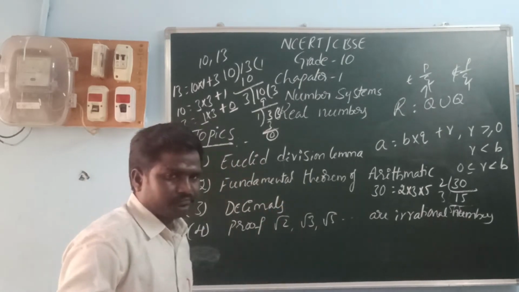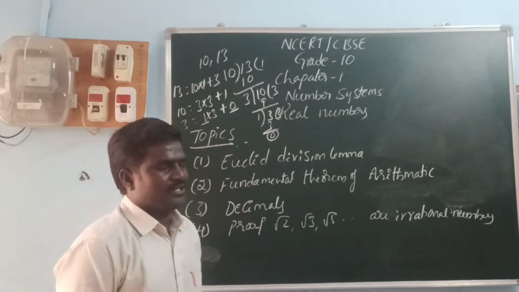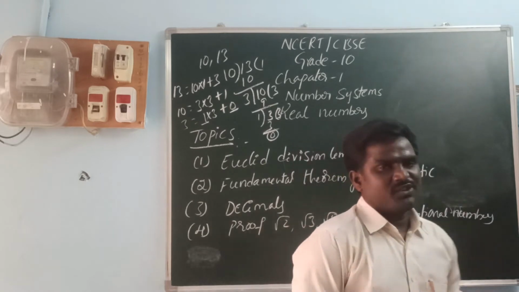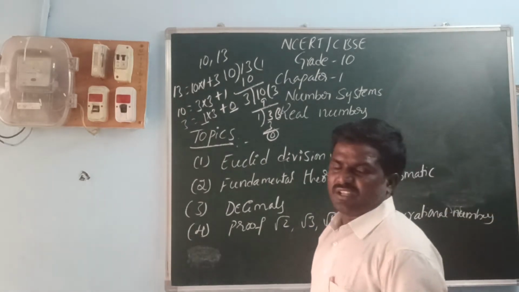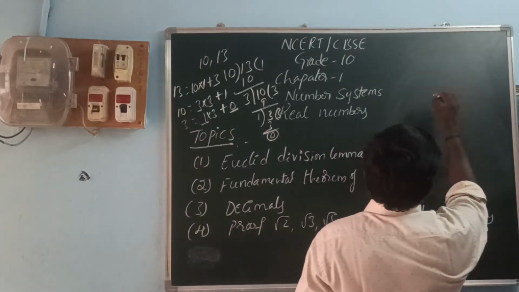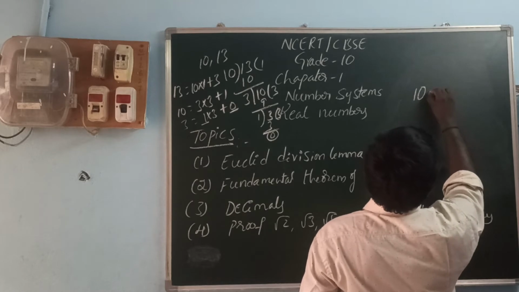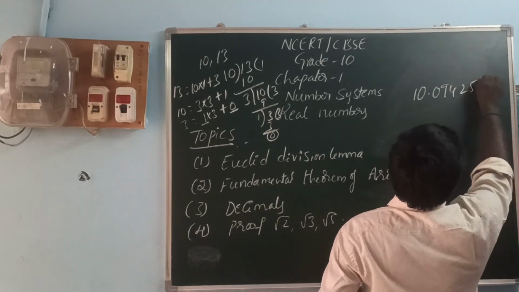Next, decimals. Decimals means what? A point which lies in between the digits of a number is called a decimal point. For example, this is a number, 10.09425.